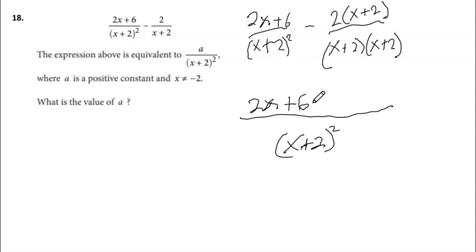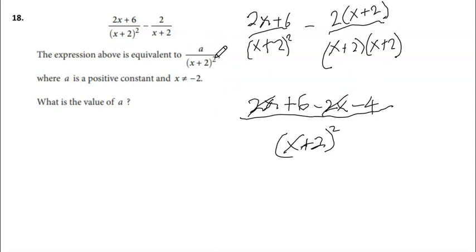So I'm going to expand with minus 2, right? So it's going to be minus 2x minus 4. All right. Now, nicely, we notice that 2x minus 2x cancels out. It's 0, just as they said, right?